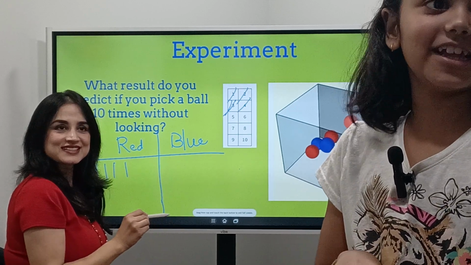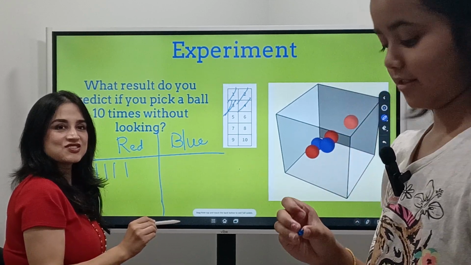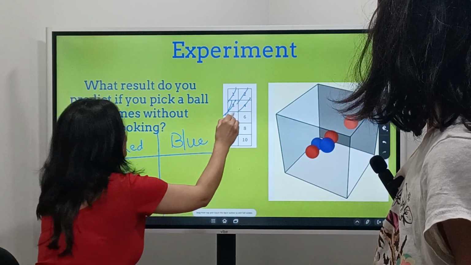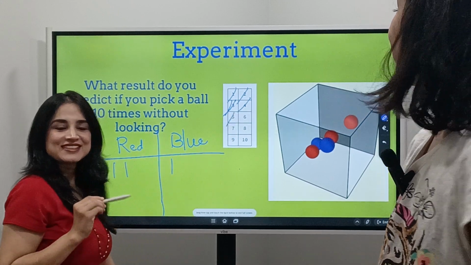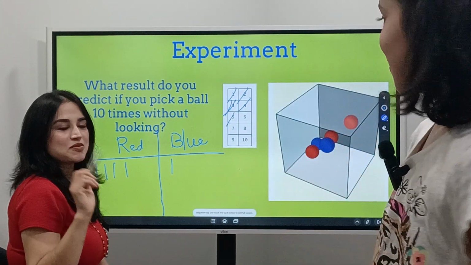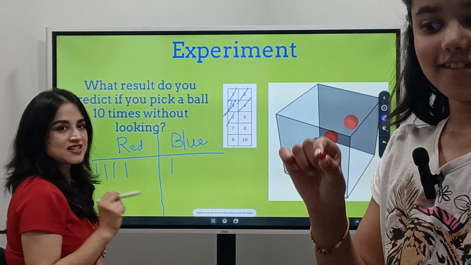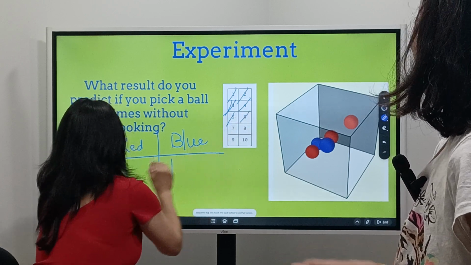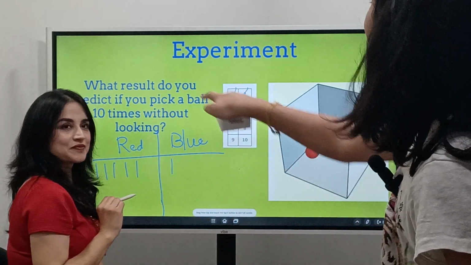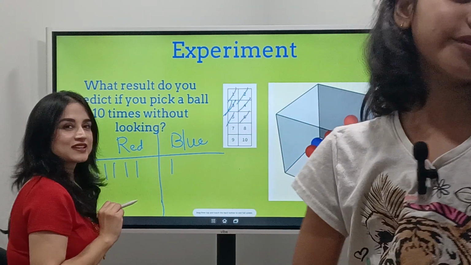Next. Blue, finally. Make sure to do a cross on that. This is the 6th time. Red. Red again. Whoa. Put a cross.